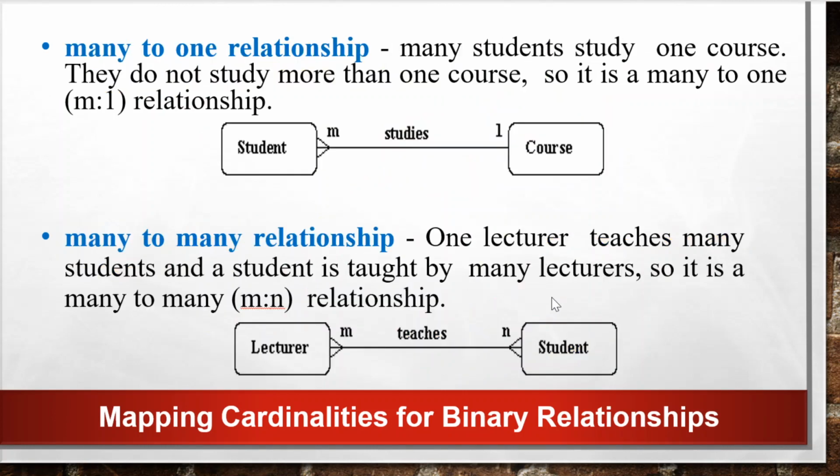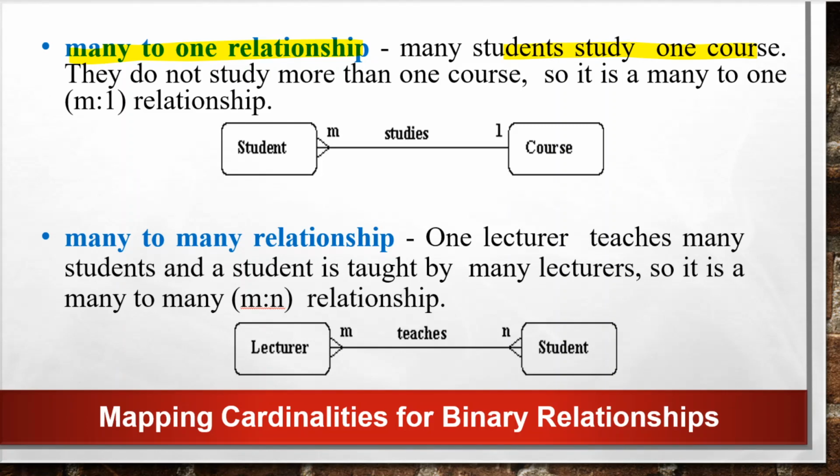Next we have the many to one relationship. This is just the reverse of the one to many relationship. We can also read that relationship in many to one form, like many employees are managed by one manager. So that becomes a many to one relationship. Here is another example: many students study one course. We could also take the same example as many employees are managed by one manager.